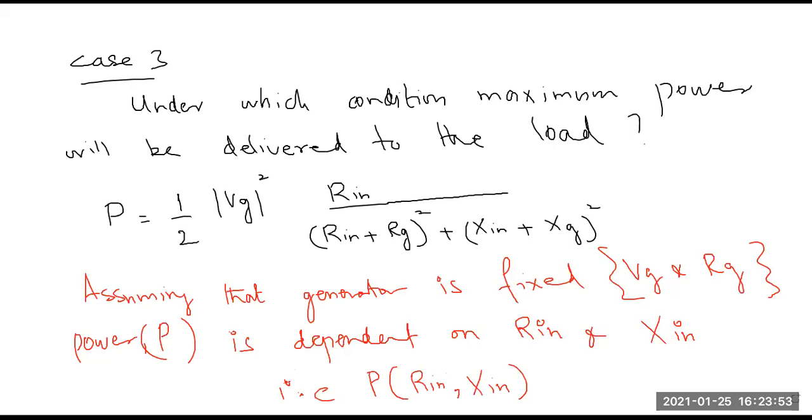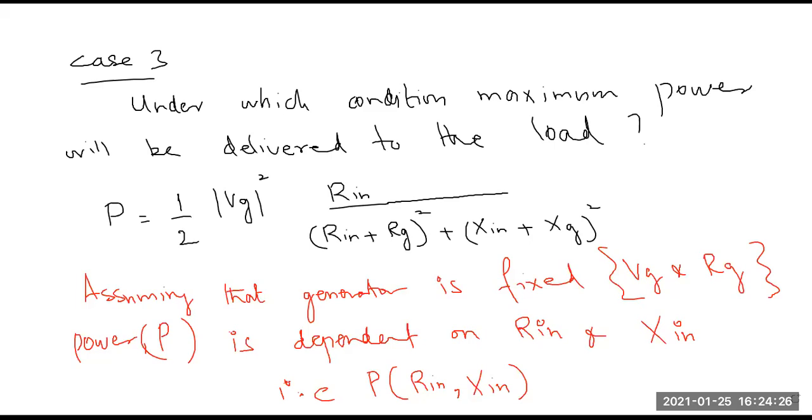So we can make use of a general mathematical rule that if you want to find out the maximum or minimum value of any function, which is a function of one or two or any number of parameters, you take a derivative of that function with respect to that parameter, and then you equate it equal to 0. From that condition, you will end up with the value of that parameter for which the function attains its maximum or minimum value.